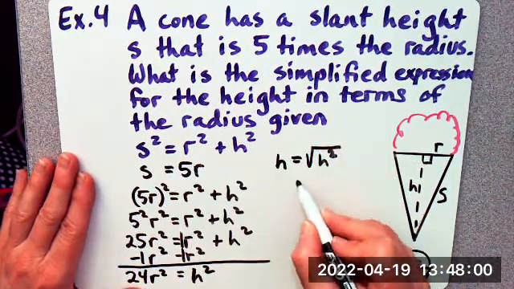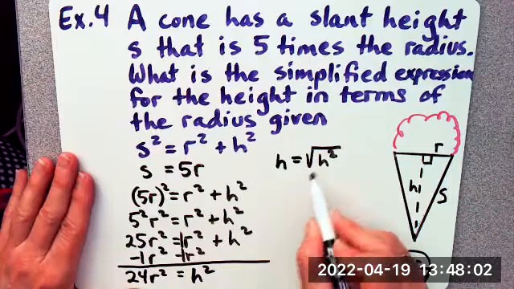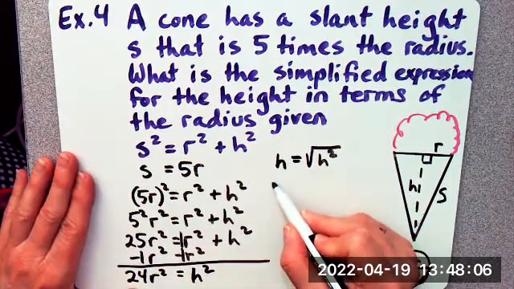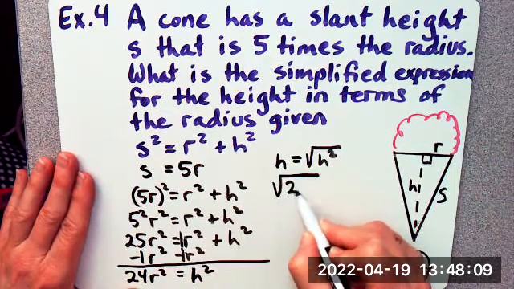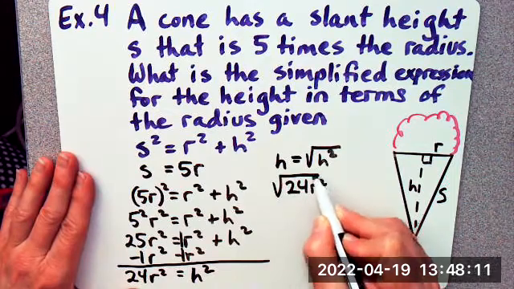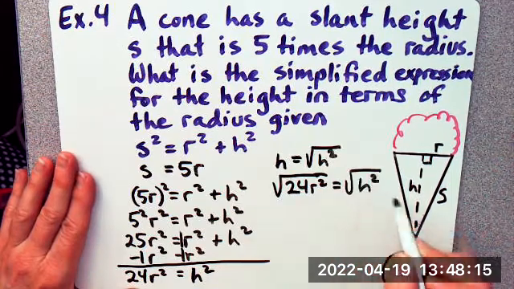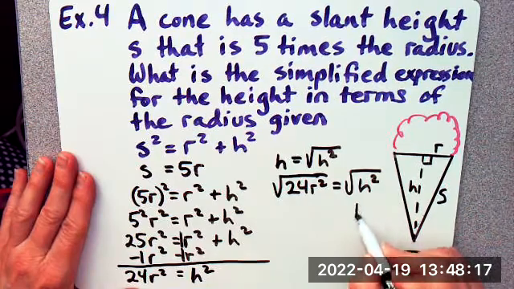So the square root of 24r squared equals the square root of h squared. So now we have h on this side.